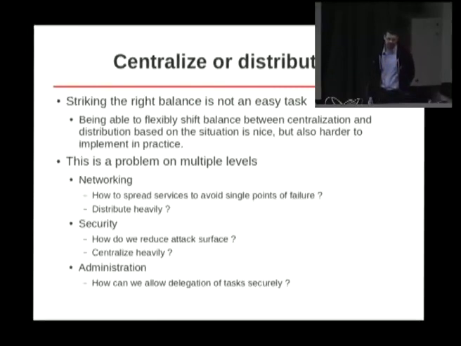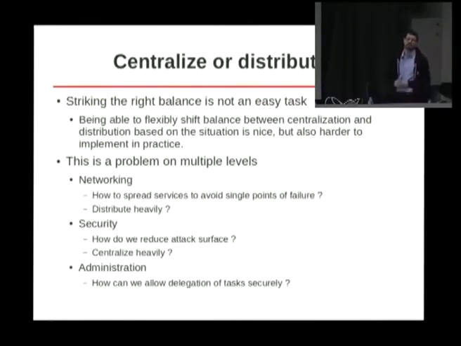And this problem hits multiple levels, whether to centralize or distribute information. At the networking level, you need to decide how you want to distribute the services that manage identities, so that you can, for example, avoid a single point of failure.